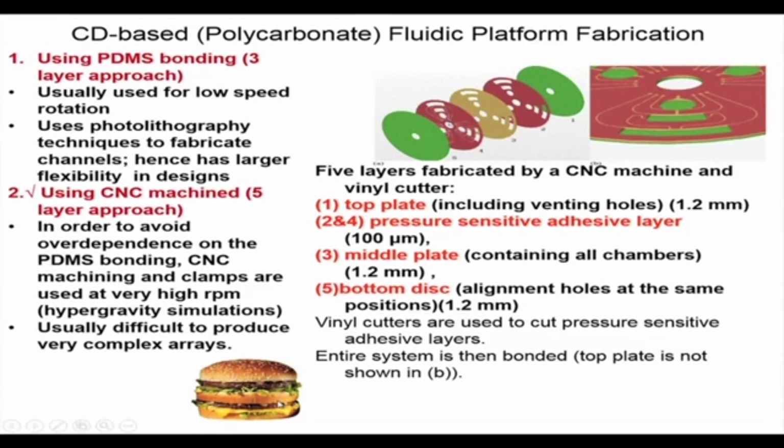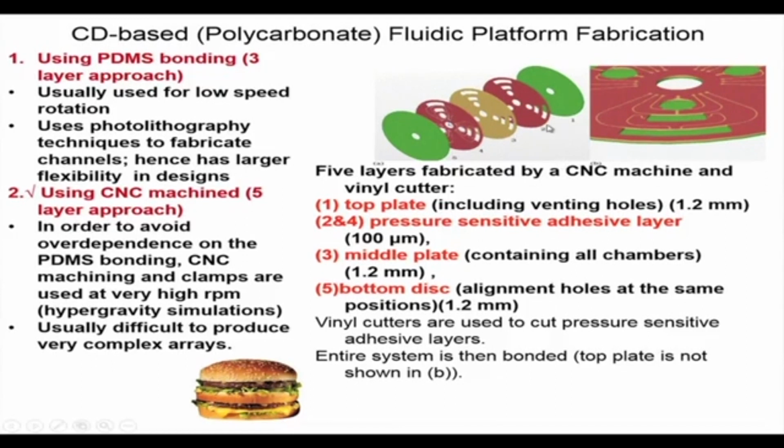So layer number 1 is a top plate, typically thickness 1.2 millimeter. This is not a magic number, this is based on some experiments that we have done in our lab. So you should not take that in all cases it should be 1.2 millimeter. This is just to give you an estimate of the typical dimensions.